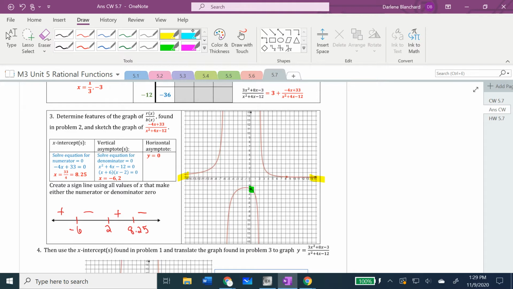Every vertical asymptote has a left and a right side. And you have to know with each vertical asymptote, the left and right sides, are you heading up or down with each of those individually? And so I'm hoping that that makes sense.